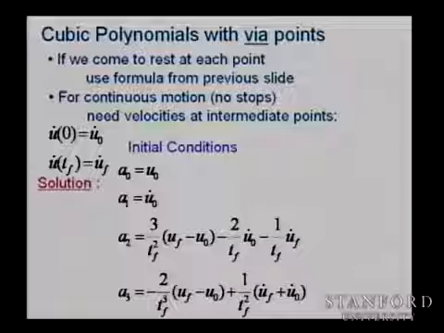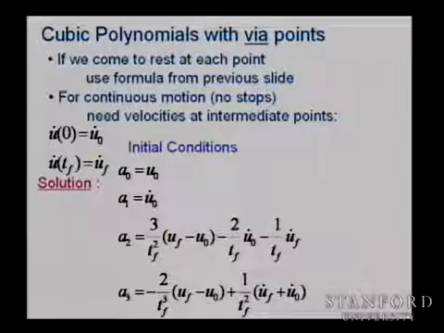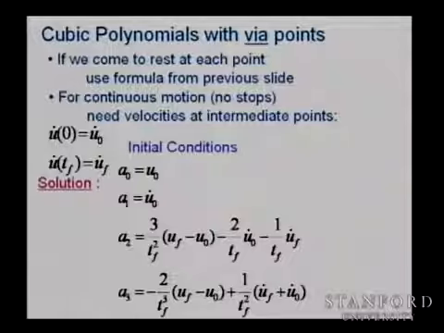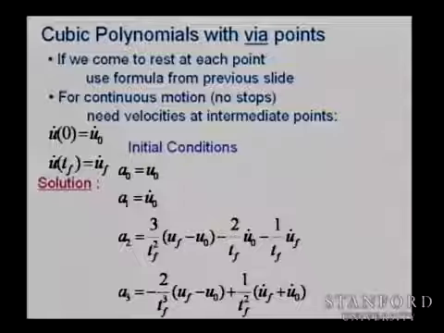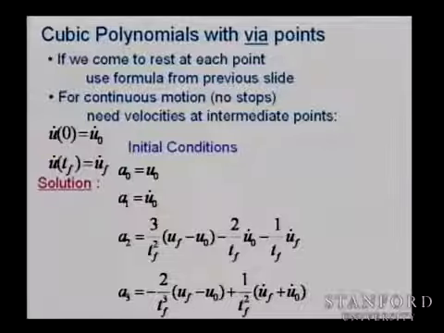And then for A2 and A3, we again have two equations with two unknowns, and they will be functions this time not only of the positions and the time, but also of the target velocities. Okay? So if we know the target positions, u sub 0, u sub f, the target velocities, u sub 0 dot, u sub f dot, and the target duration for that segment, we can compute the trajectory given those conditions.